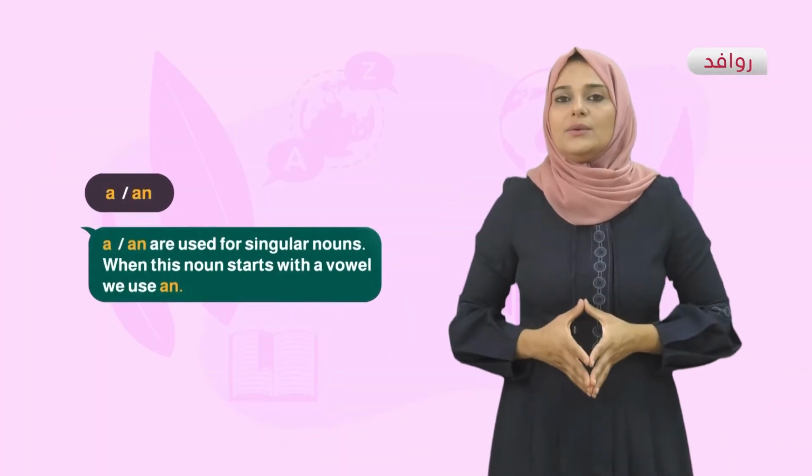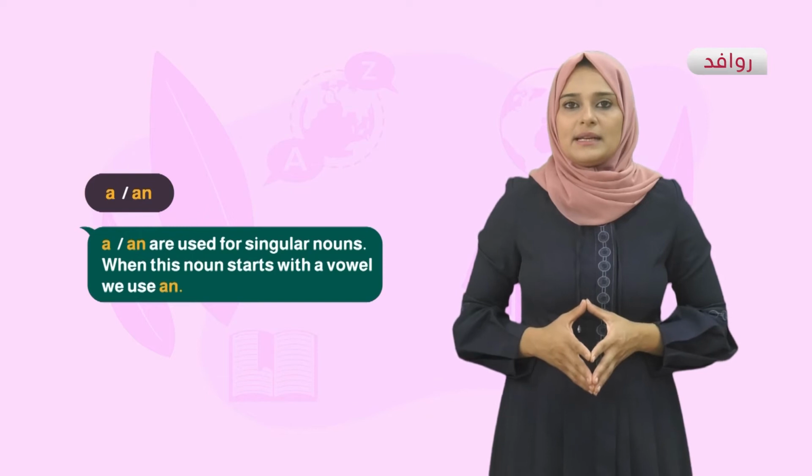Now, dear students, why did we say a cat and an elephant? What's the difference between a and an? Let's see together. A and an are used for singular nouns.